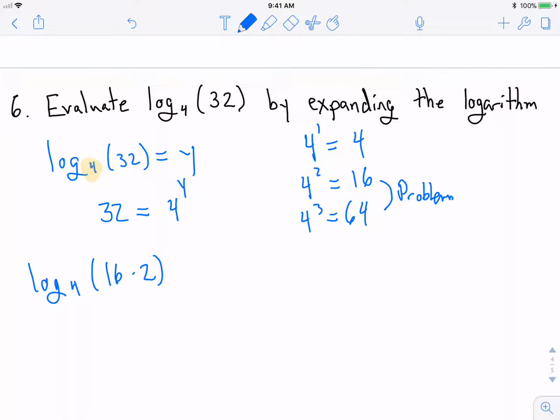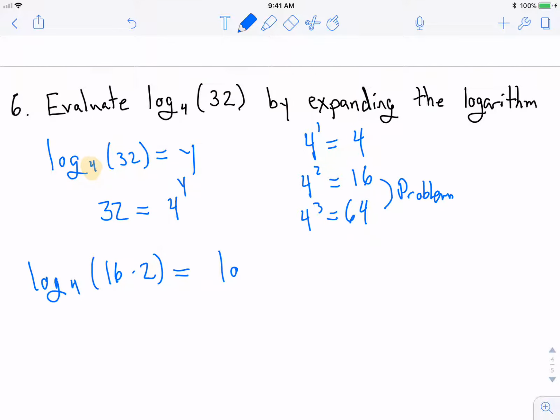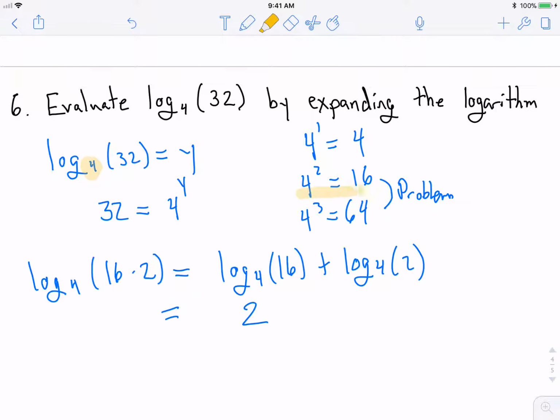Now our multiplication inside the logarithm becomes expanded to be log base 4 of 16 plus log base 4 of 2. And we can deal with each of these. Log base 4 of 16, as we've seen, is going to be 2 from this fact right here that 4 squared is equal to 16.